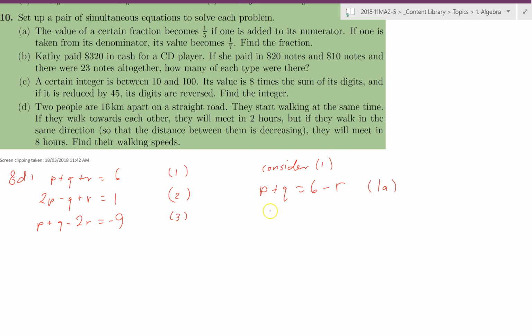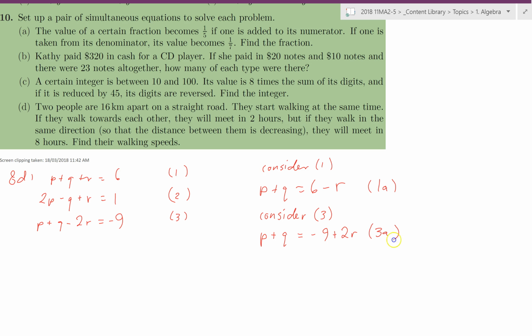Now I'm going to look at 3. I'm going to use something a bit like substitution to solve this. P plus Q equals negative 9 plus 2R. I'm going to call that 3A.